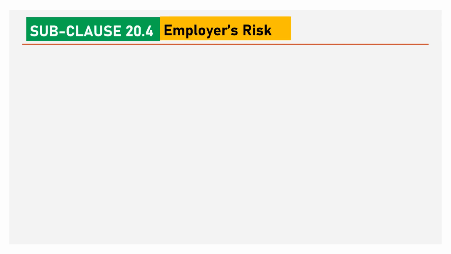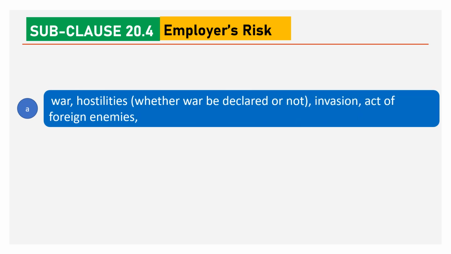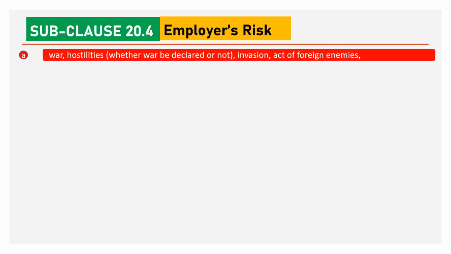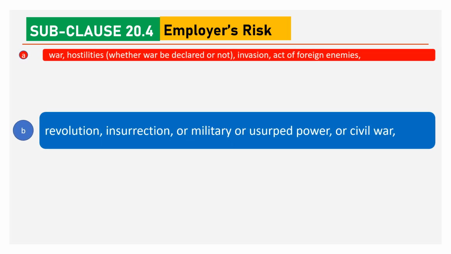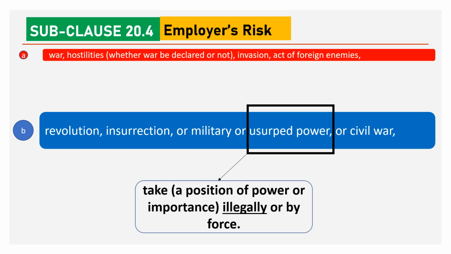Now we will discuss Clause 20.4 employer's risk. Employer's risk includes war, hostilities, invasion, act of foreign enemies, revolution, insurrection or military or usurped power or civil war. Usurp means take a position of power or importance illegally or by force.